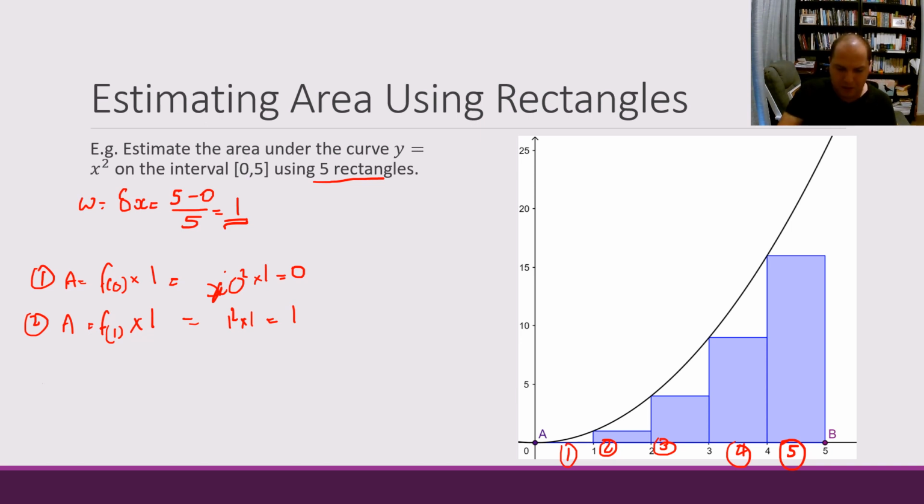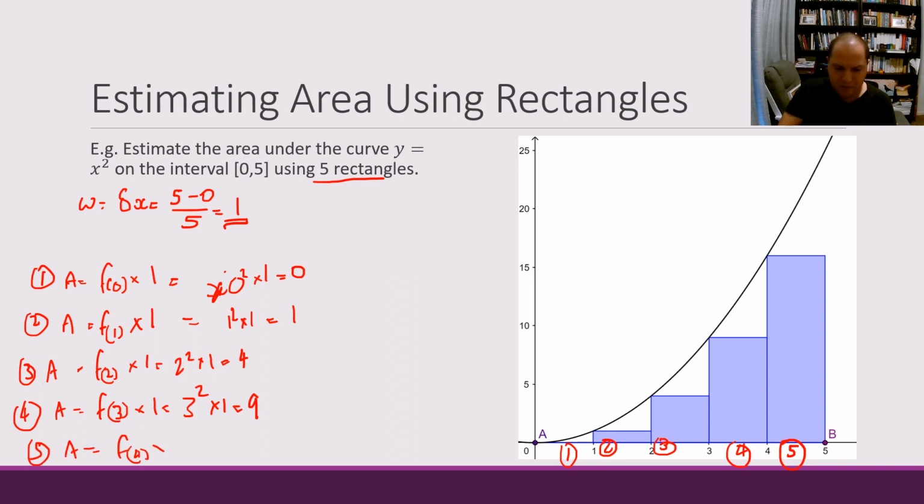And then continuing on, area 3 is my function at 2 times 1, which is 2 squared times 1, which is 4. Area 4 is going to be f of 3 times 1, which is 3 squared times 1, which is 9. Area 5 is going to be f of 4 times 1, which equals 4 squared times 1, which equals 16.